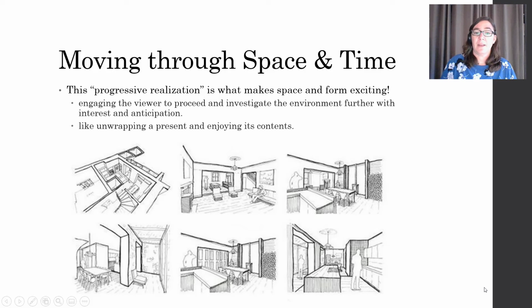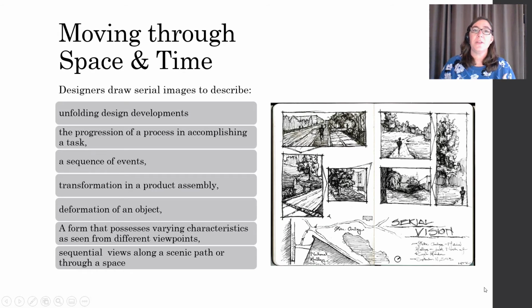So here's a couple of examples. Now we're talking about interior views, progressive views through a house. Sequential views capture the experience of moving through space and through time. As designers, we use serial images to describe unfolding design developments or the progression of a process.